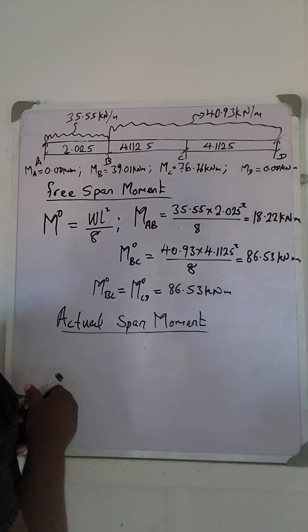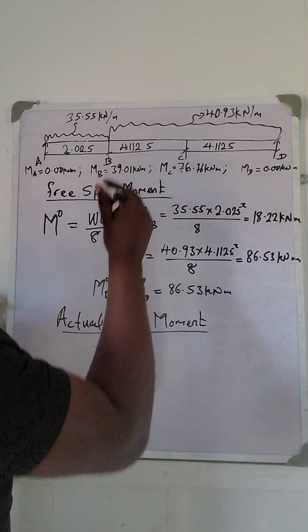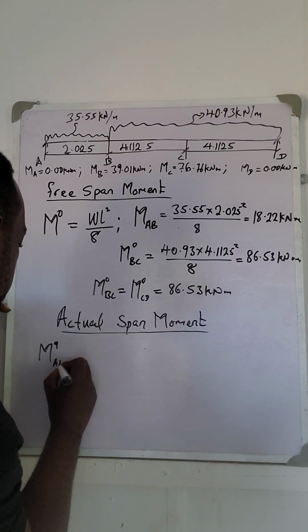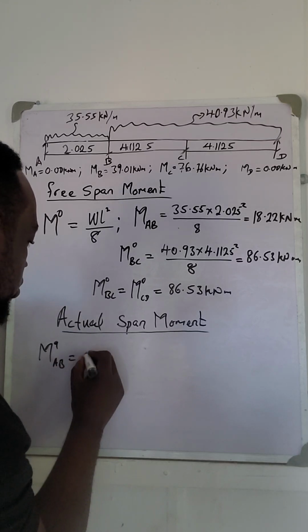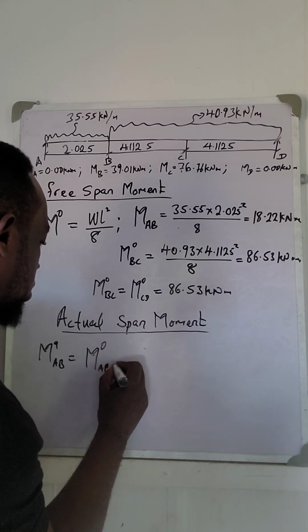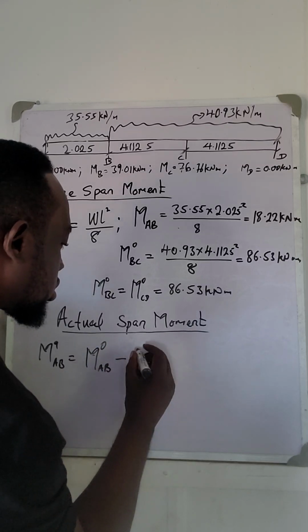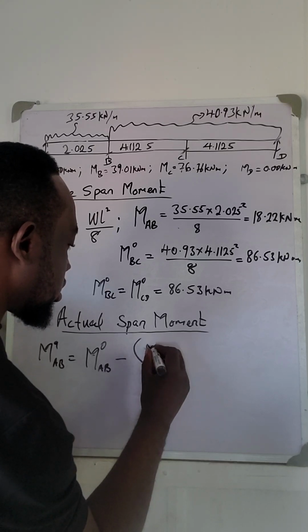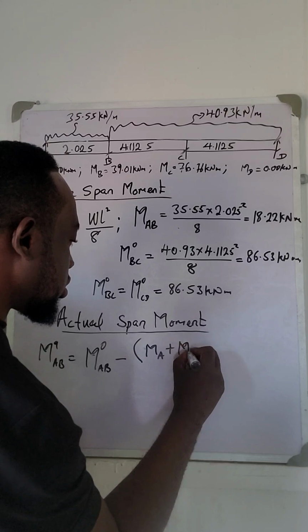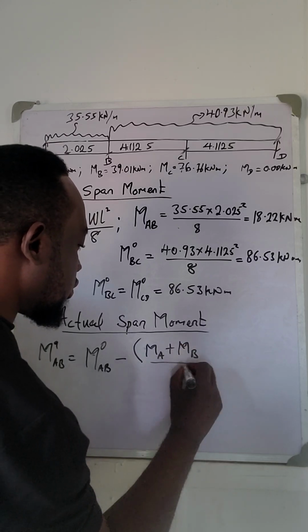Now I gave a formula before. In this case, the actual span moment between A and B is equal to MAB minus MA plus MB, all over 2.